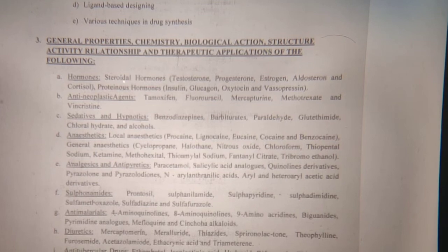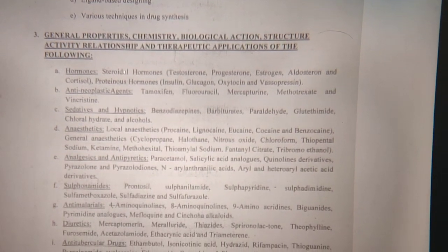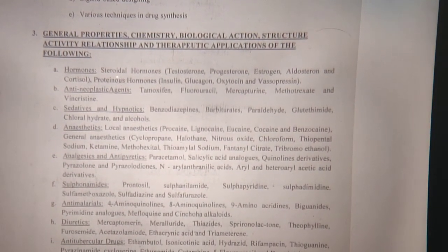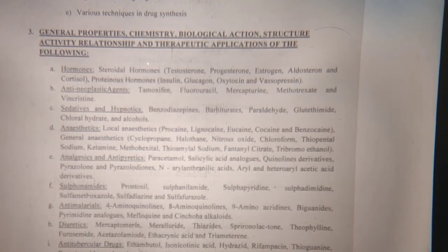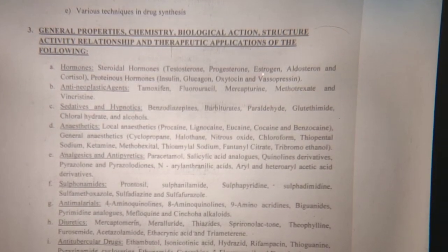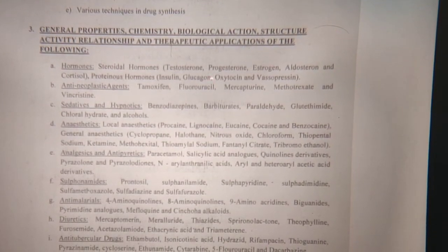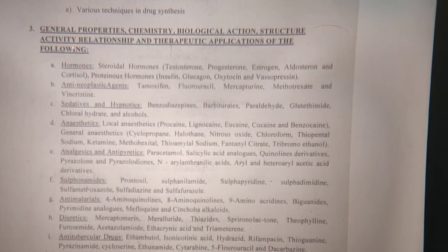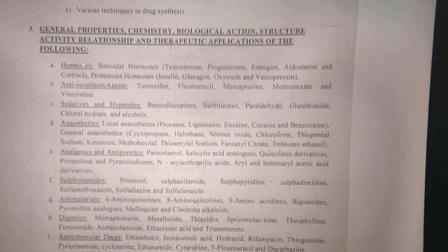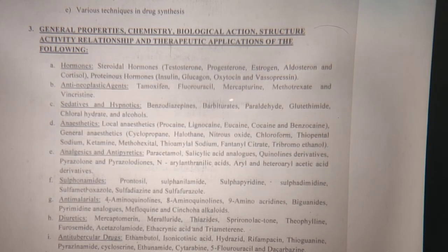Under hormones, there are 2 kinds, steroidal and non-steroidal hormones. Under steroidal hormones, we will be sharing testosterone, progesterone, estrogen, aldosterone and cortisol. Under the non-steroidal hormones, that is the proteinous hormones, are included insulin, glucagon, oxytocin and vasopressin.